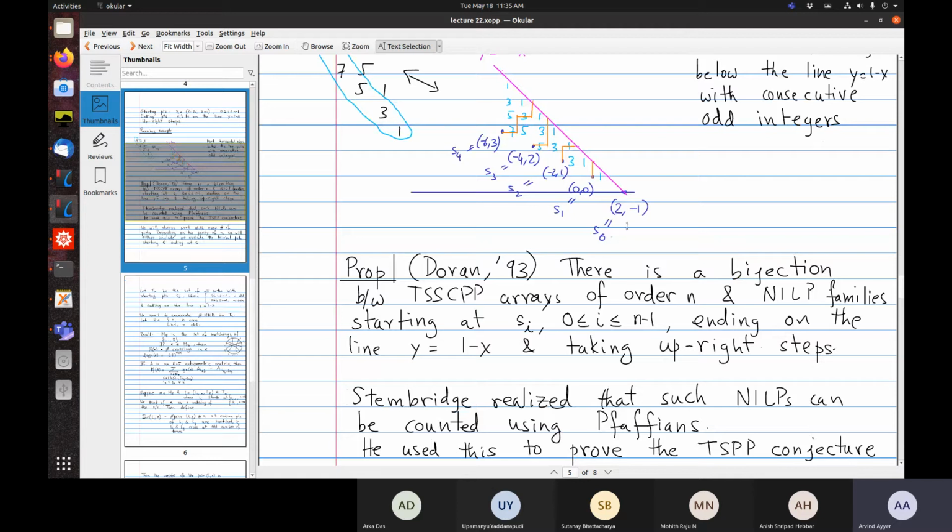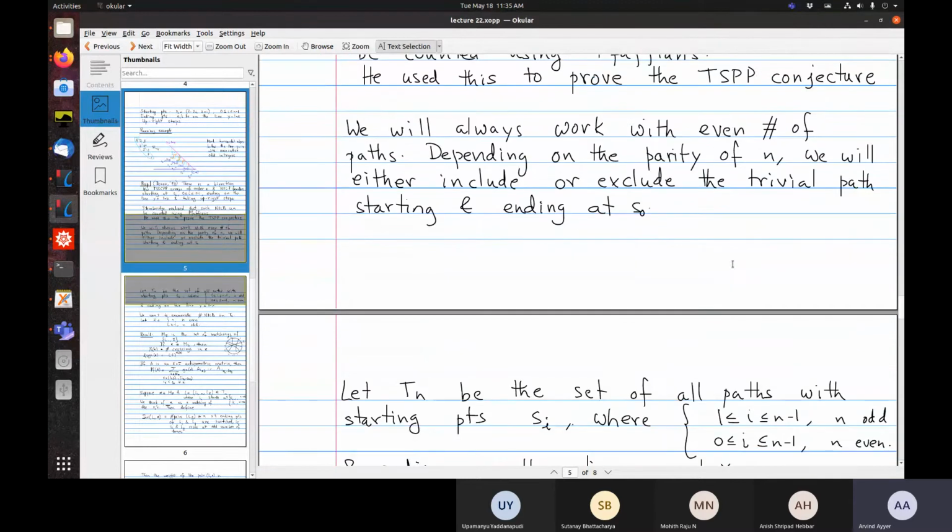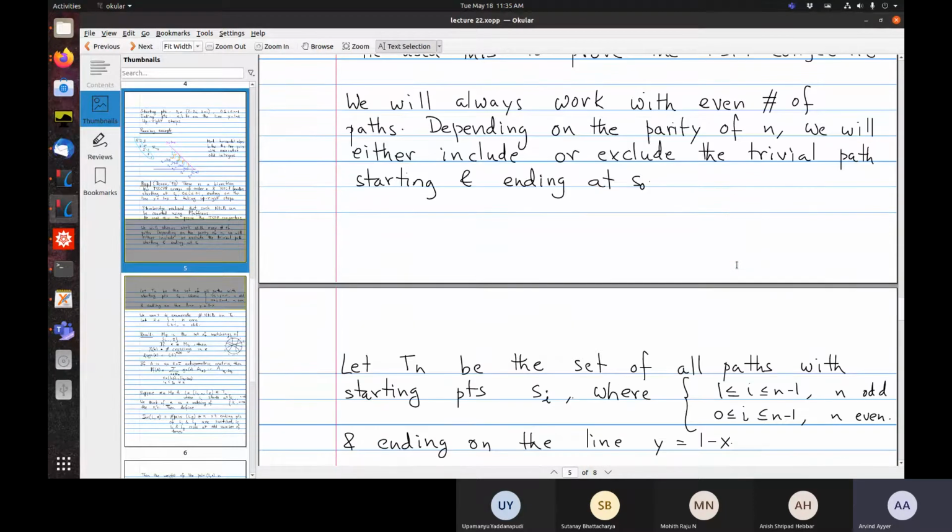And this we could do because S naught is the trivial path, starts and ends at the same point. And the point of doing this was to add the structure of matching the starting points.